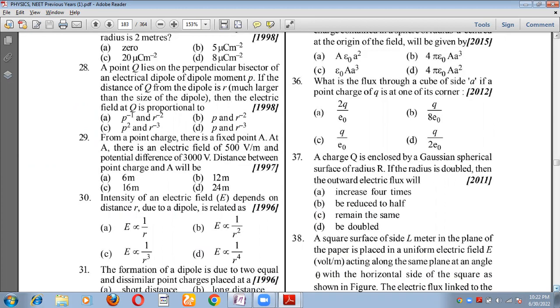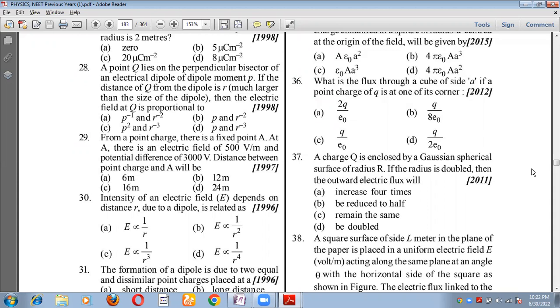Now move to question 29. Solve question number 29. All of you go through question number 29, which says: from a point charge, there is a fixed point A. At A, there is an electric field of 500 volt per meter and a potential difference of 3000 volt.